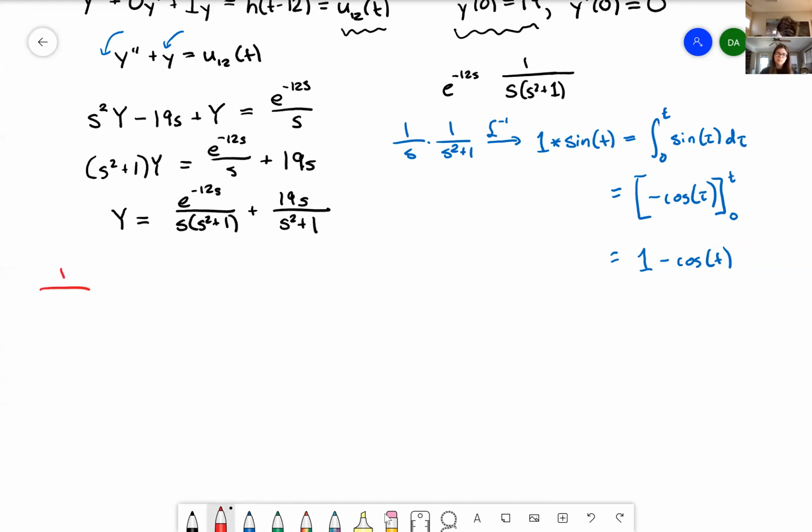So we have 1 over s times s squared plus 1 equals A over s plus, and now we need a linear term, Bs plus C, over s squared plus 1.